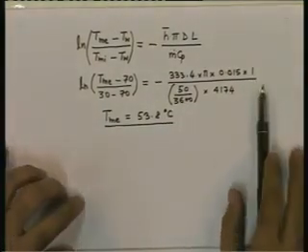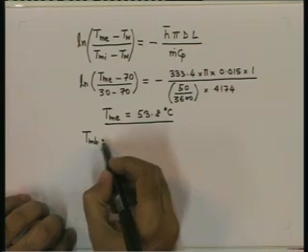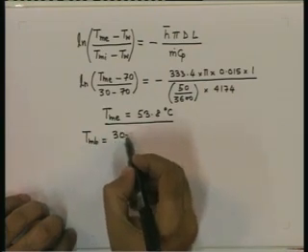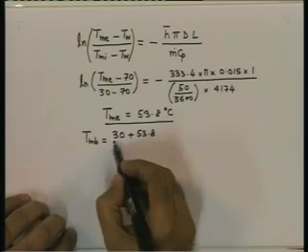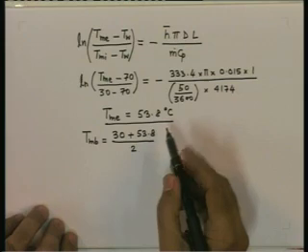Now, we started off by having assumed the bulk mean temperature. We needed that assumption to determine the properties. We had assumed 40 degrees C. Let us check that assumption. The bulk mean temperature now turns out to be inlet bulk temperature plus exit bulk temperature by 2, average of inlet and exit.